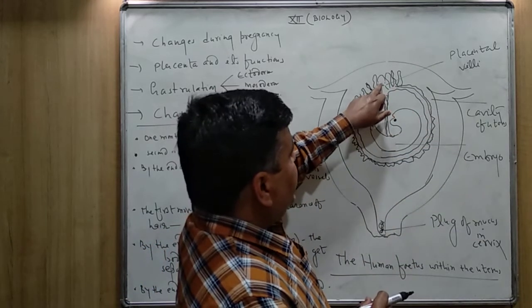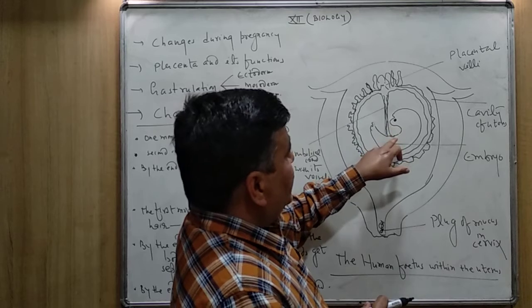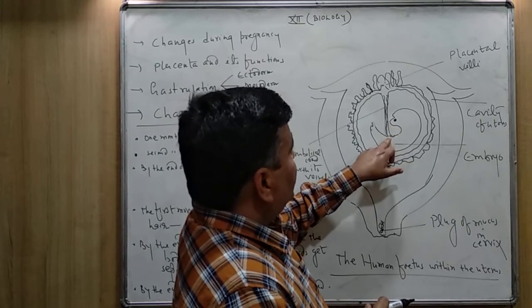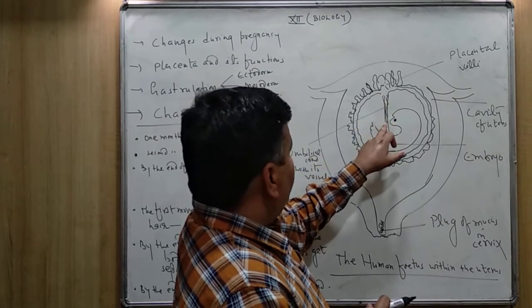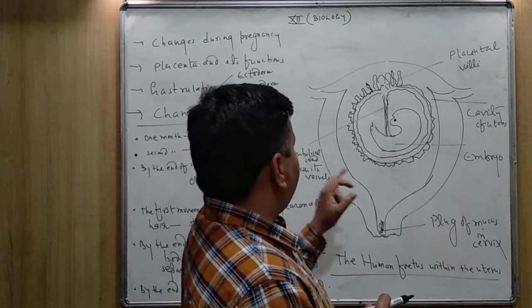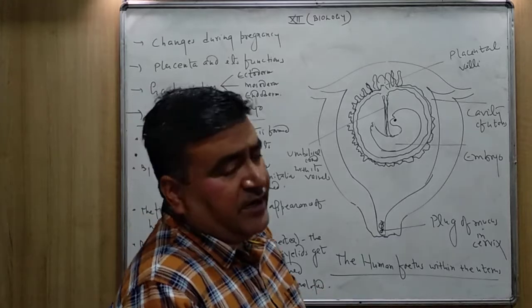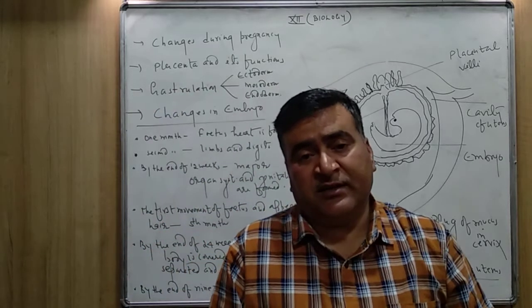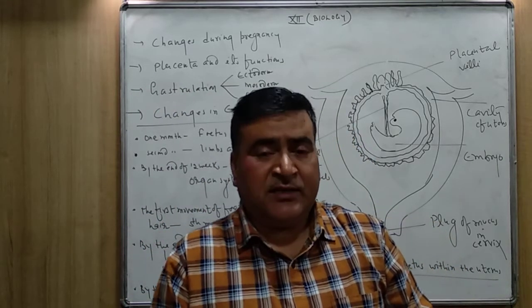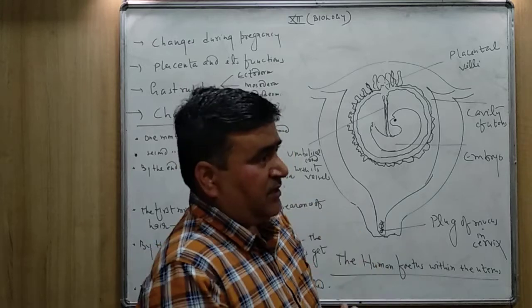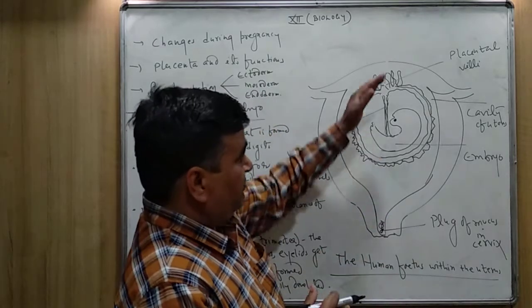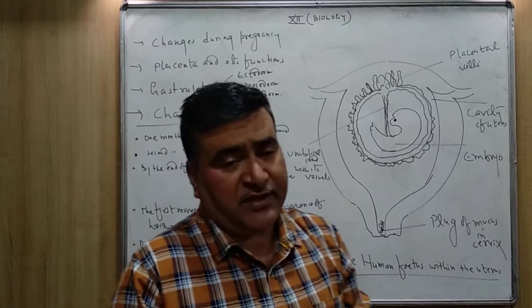The placenta is well connected with the embryo, with the fetus, through a cord, and this structure is called umbilical cord. The umbilical cord contains blood vessels, and these blood vessels supply the materials from placenta to the fetus and vice versa.